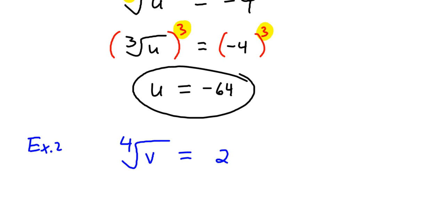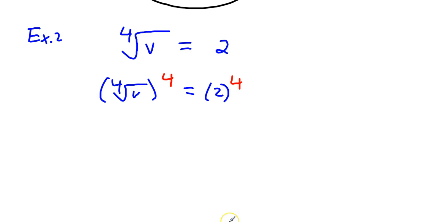Okay, for that one, again, it's the fourth root, so we're going to do the fourth power to both sides. Fourth power and fourth root cancel, you get v. 2 times 2 is 4, times 2 is 8, times 2 is 16.